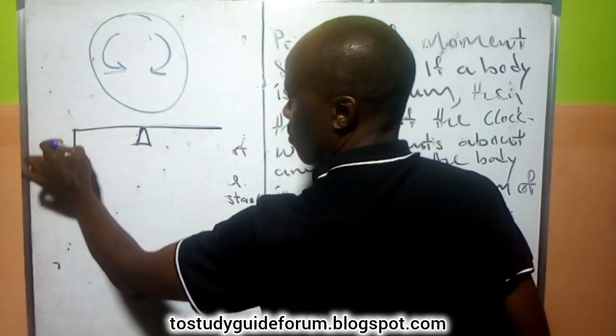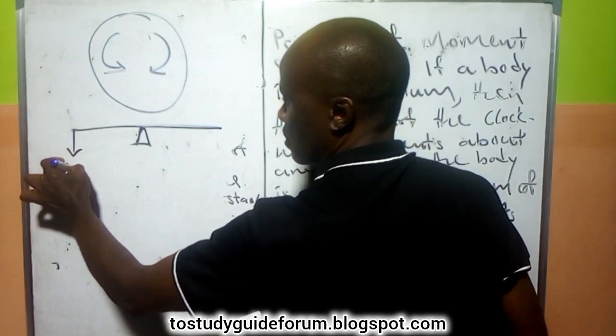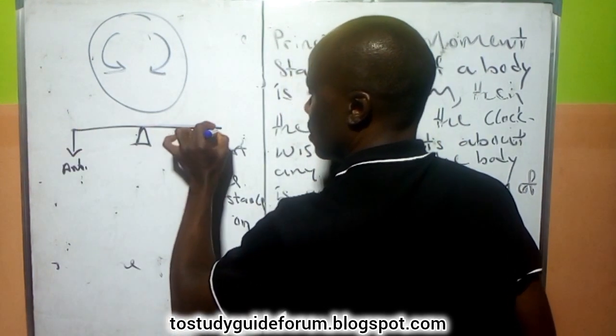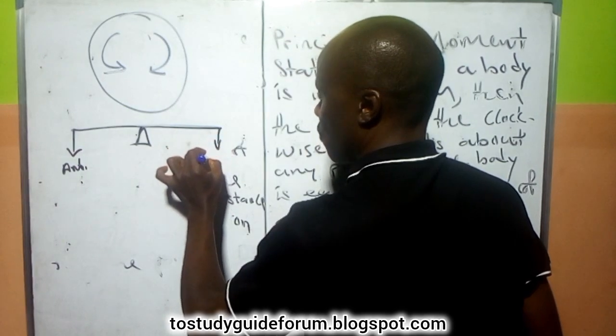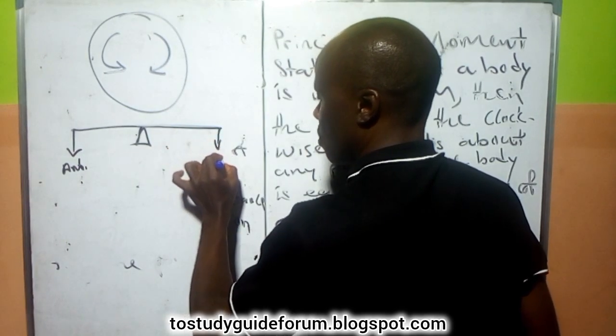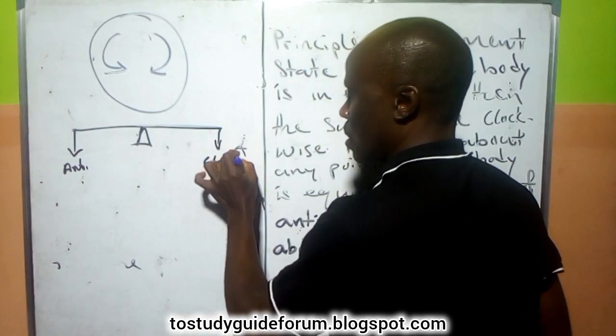The body is balanced, at equilibrium. It means that the sum of anti-clockwise moments is equal to the sum of clockwise moments.